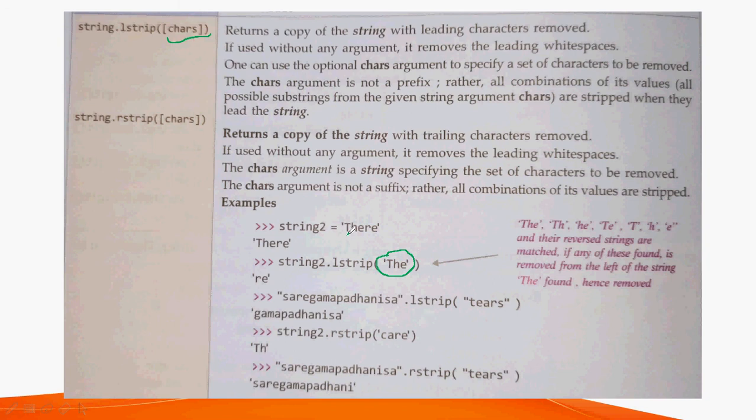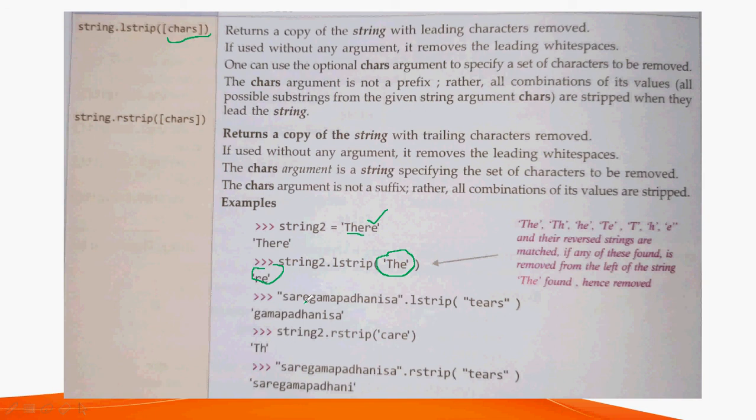What will be left here? RE. So RE will be returned after removing THE. Here THE, TH, HE, TE and their reverse strings are matched. If any of these are found, they are removed from the left of the string. THE found, hence removed.